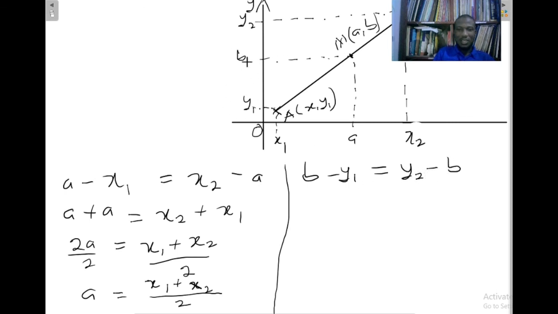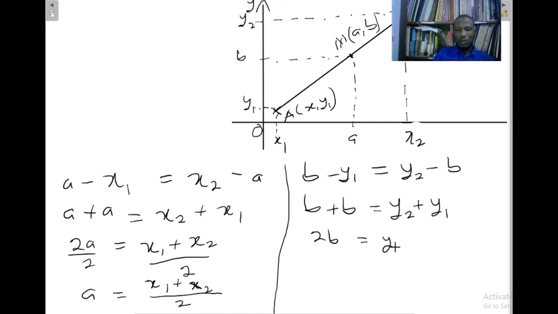If this is exactly in the middle, then the two lengths must be the same, and we want to make b the subject. So b plus b will give us y2 plus y1, and 2b will be equal to y2 plus y1. Or let me just arrange it for y1 to come first, the way I did for the first one.